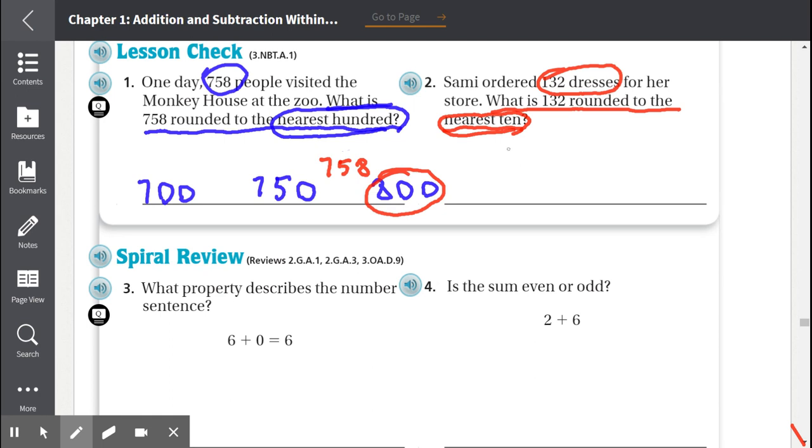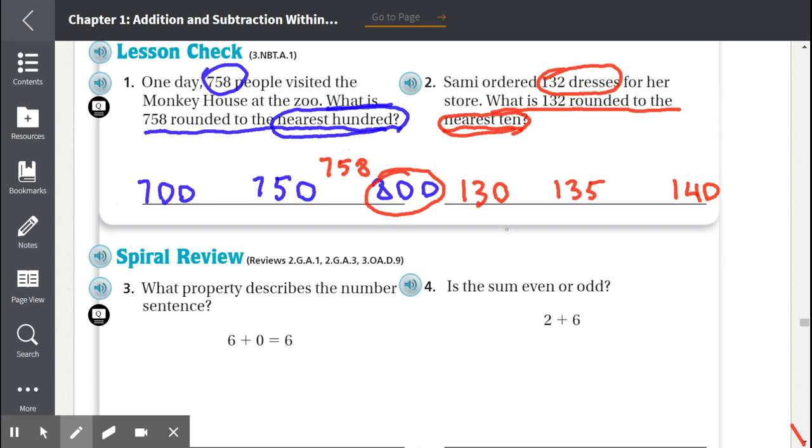So let's find which two tens 132 is between. 132 is between 130 and 140. Now let's find a number that's right in the middle of 130 and 140. 135 is between 130 and 140.